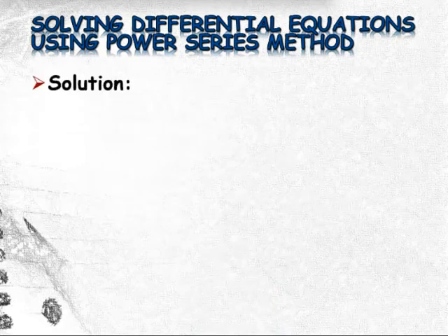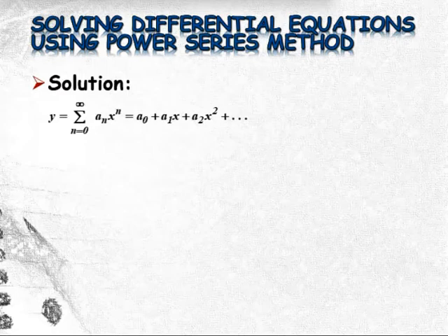Finally, we substitute the coefficients to the assumed power series solution. Our assumed power series solution is the basic power series given by y equals the summation of a sub n x to the n from n equals 0 to infinity. In addition form, a sub 0 plus a sub 1 x plus a sub 2 x squared, and so on.